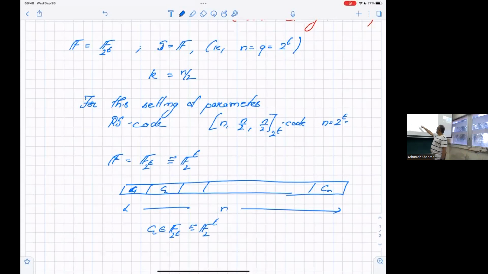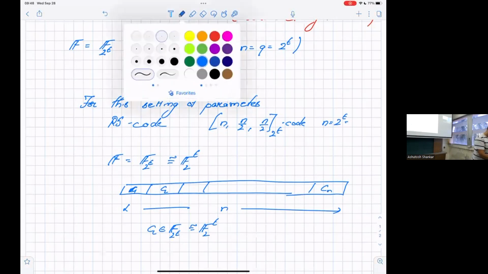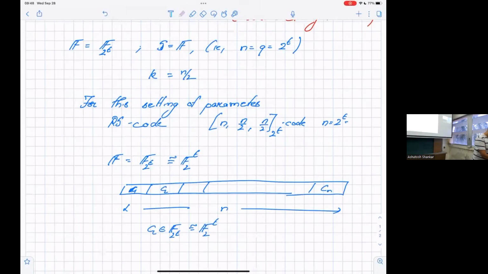So instead of viewing it as a length n string over the alphabet F_{2^t}, I can also view it as an nt long string over the alphabet F_2.